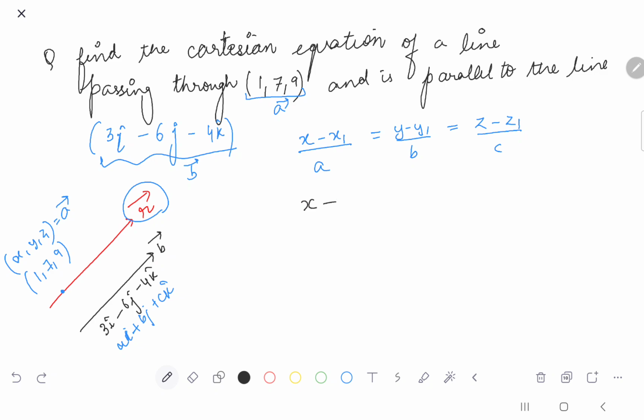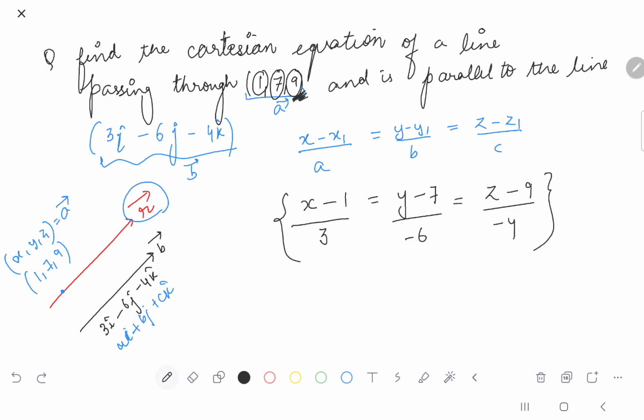What is x1? x1 shall be 1, so x minus 1 equals y minus y1, y1 is 7, equals z minus z1, z1 is the z coordinate of the point A, which is 9. What is a? 3. What is this? This is minus 6. And what is c? This is minus 4. Understood or not?